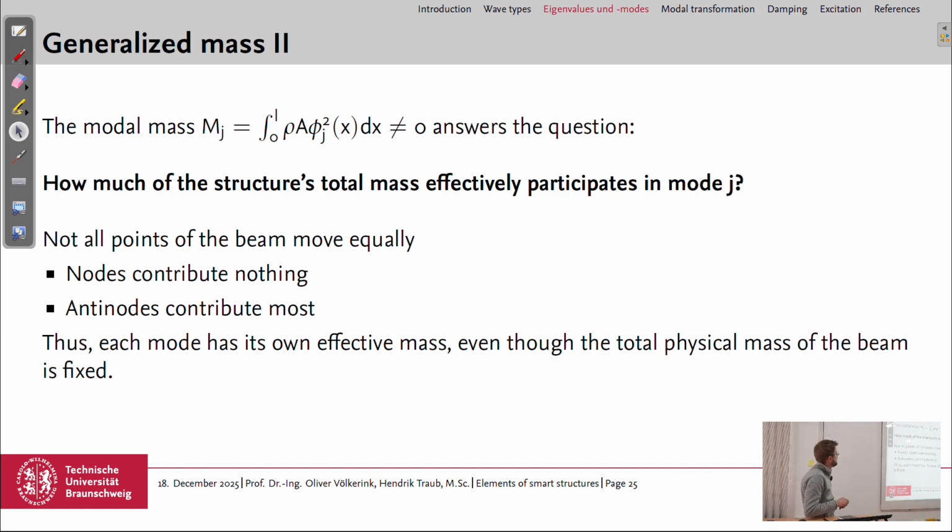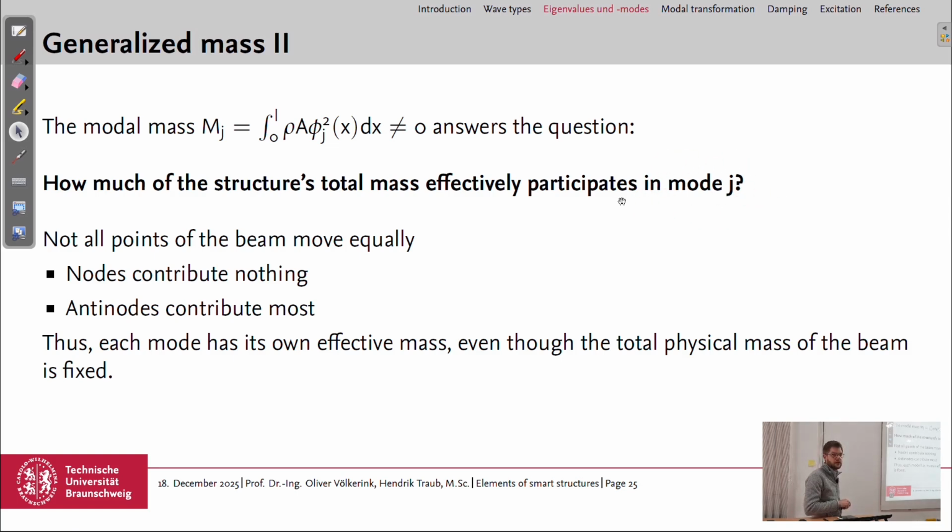So what is the generalized mass? This capital M for the eigenmode j in this case. It answers the question, how much of the structure's total mass effectively participates in mode j. So it is not a mass we can determine like a weight. It's dependent on the mode.